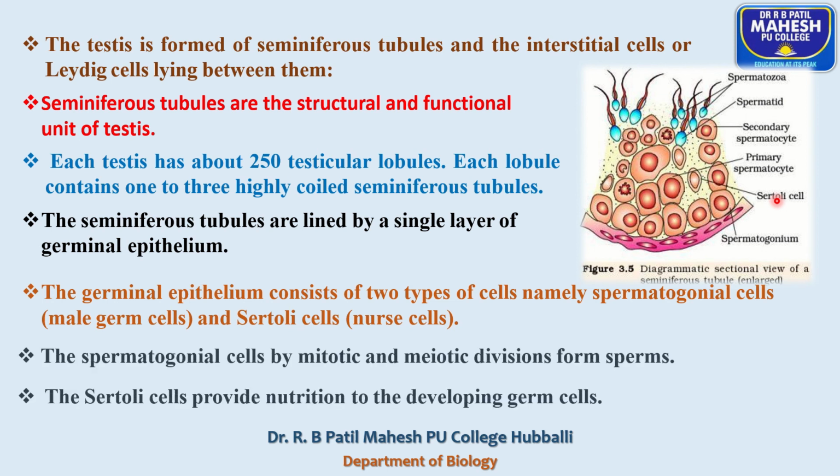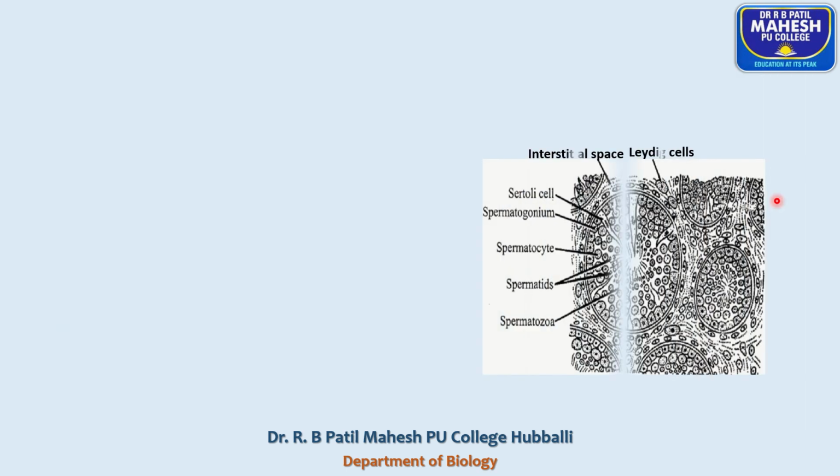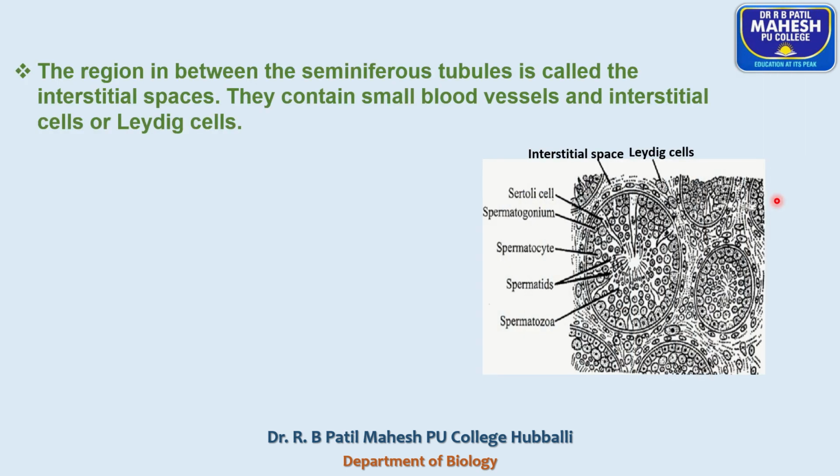Next, look here. This is the structure of a seminiferous tubule. It is lined by germinal epithelium. There are two types of cells differentiated: one is spermatogonial cells, the second is highly differentiated cells called Sertoli cells.